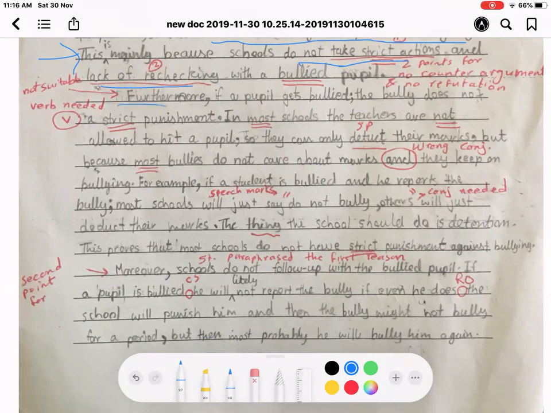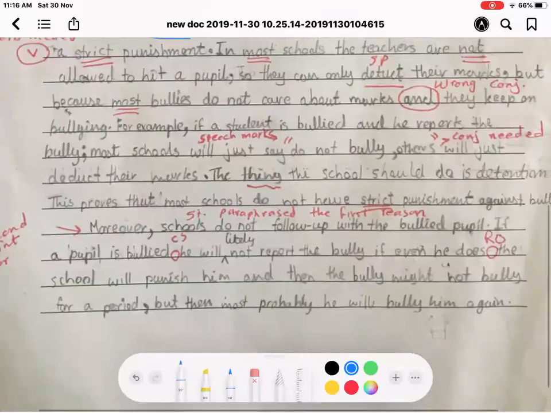So I don't think that "furthermore" is suitable here. "Furthermore, if a pupil gets bullied, the bully does not strict." There is no verb here. So he needs a verb. He should have said, "If a pupil gets bullied, the bully does not receive a strict punishment," for example.